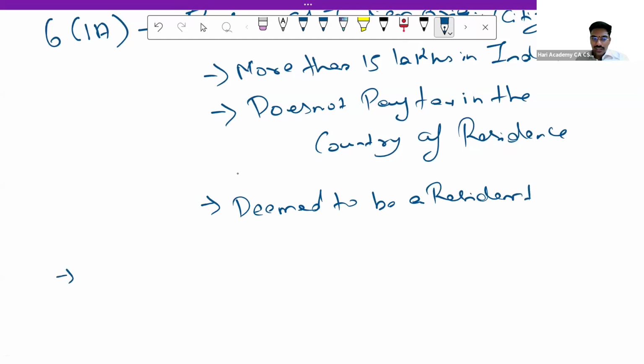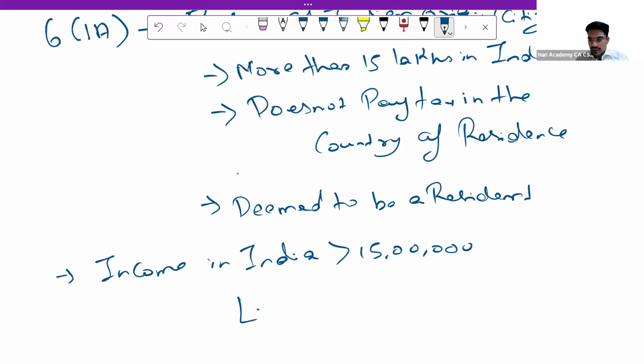In the present case, his income in India is greater than 15 lakhs. Hence, he is a resident.